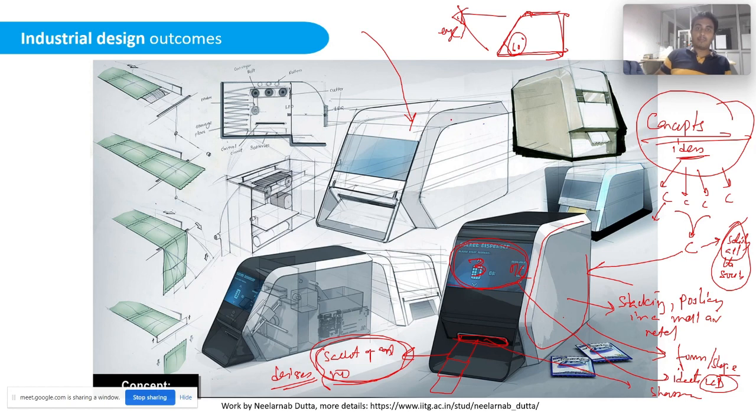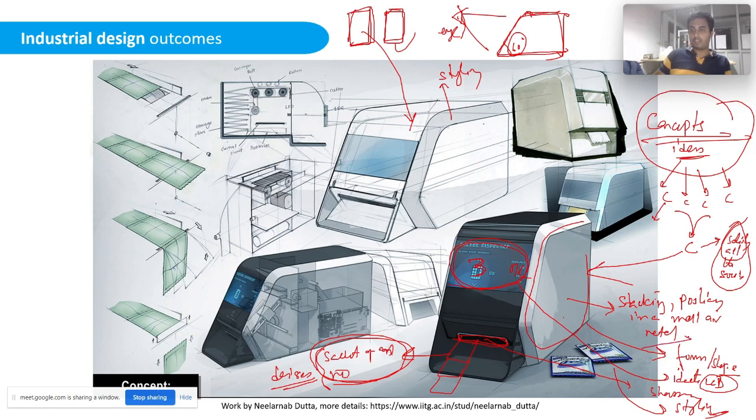Now there are style elements, styling, which are also an outcome of industrial design, because styling matters, because you want to make this particular product competitive against other products. Tomorrow if different products come, your product should stay competitive. So these kinds of decisions can be taken care of by industrial design, by working on the aesthetics.